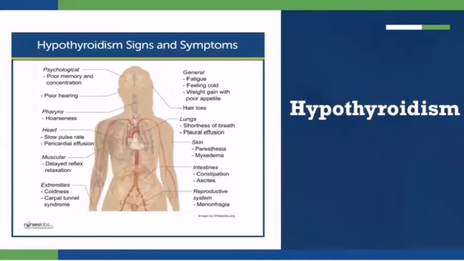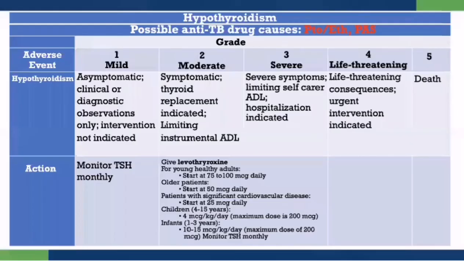What about hypothyroidism? The possible anti-TB drugs that will cause hypothyroidism can be your prothionamide and para-aminosalicylic acid. So if you have moderate to life-threatening grade, you can give levothyroxine.